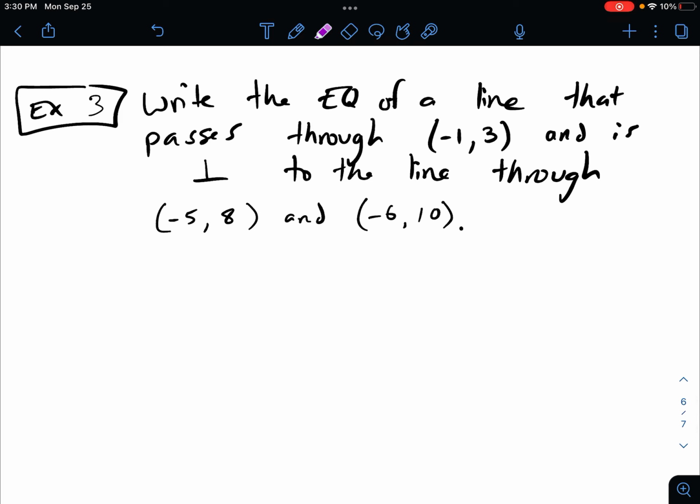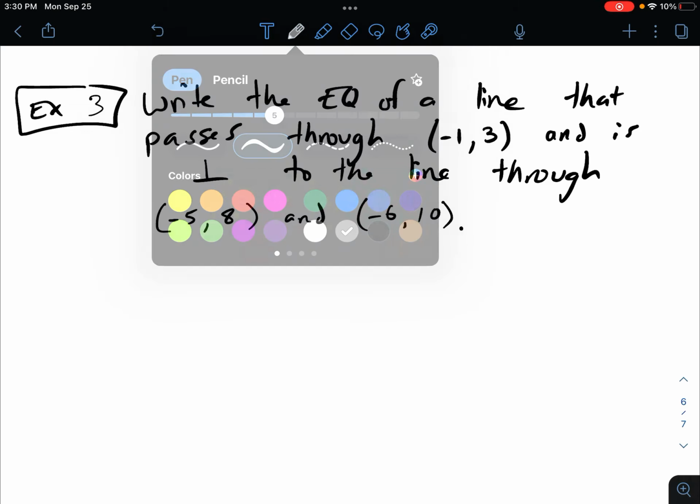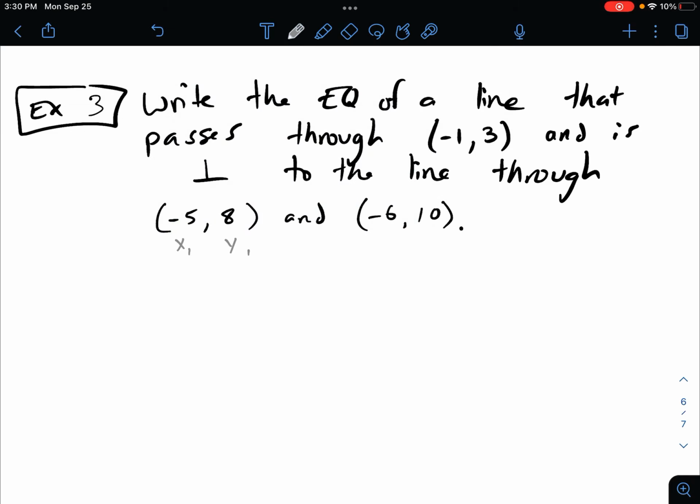Last one here, write the equation of a line that passes through the point -1, 3 and is perpendicular to the line that goes through these 2 points. So again, I can start by finding the slope, x1, y1, x2, y2, for these 2 points here. So if I subtract the y values, 10 minus 8 on top, and on the bottom we subtract the x values, so x2 minus x1.